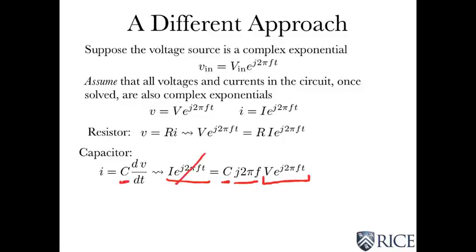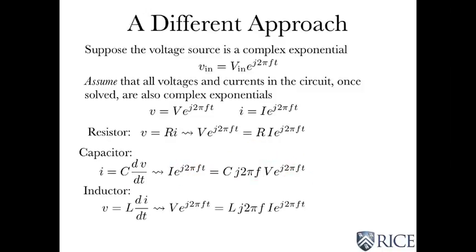So again, with cancellation, we now find that this assumption is consistent as long as the amplitudes are related this way. The amplitude of this current is equal to C times j 2 pi f times the amplitude of the voltage. And I'm pretty sure you can believe that for the inductor, a similar kind of thing is going to happen. Amplitudes are related by a different formula, but still they're related.